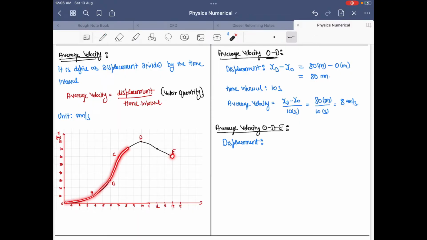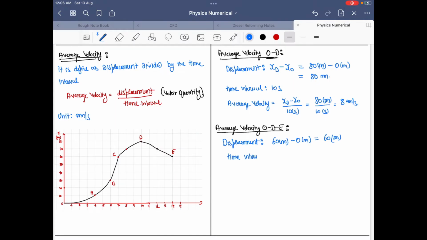E is the final position, because now we are looking at the motion from D to E. So your final position is 60 meters. And what is your initial position? Same, 0 meters. So 60 meters is your displacement.